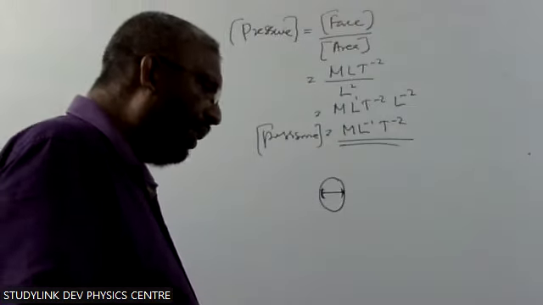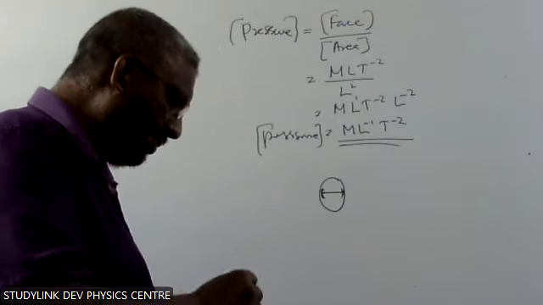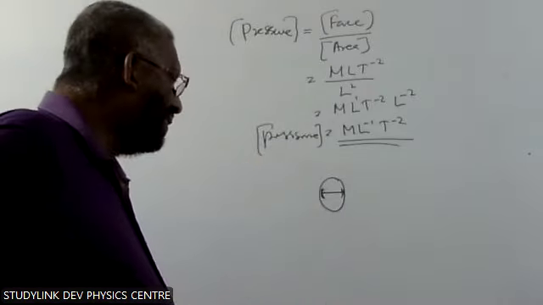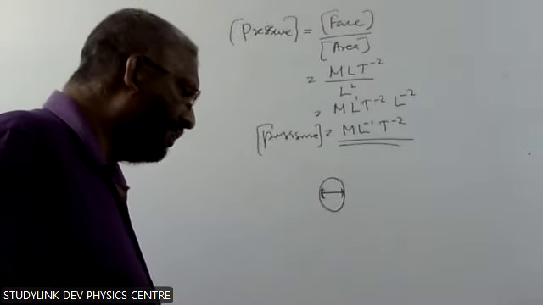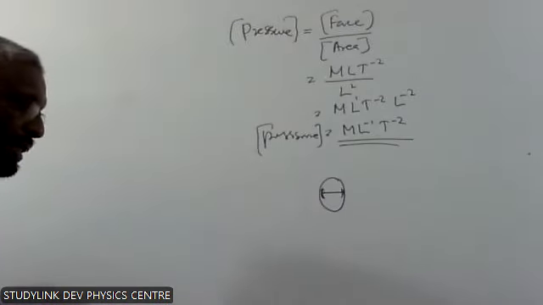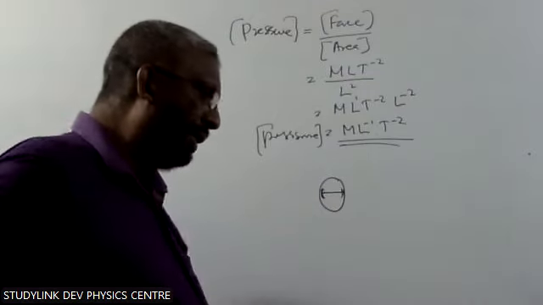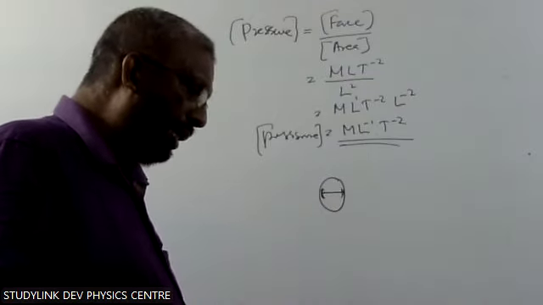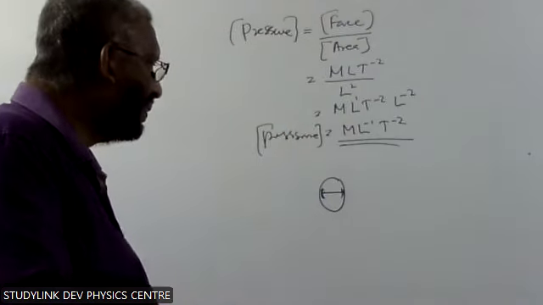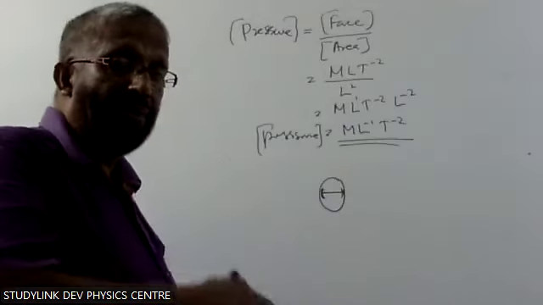Find the dimension of specific heat capacity. This was not done, but for O levels you have done. Specific heat capacity is normally simple C. Some schools teach it as S. Then we are using the equation.